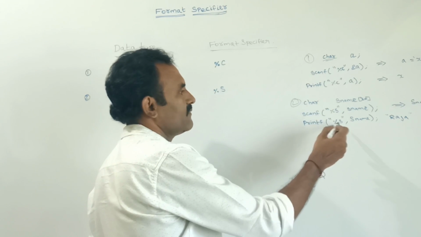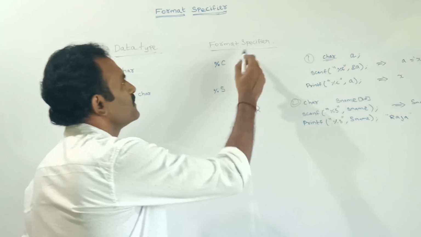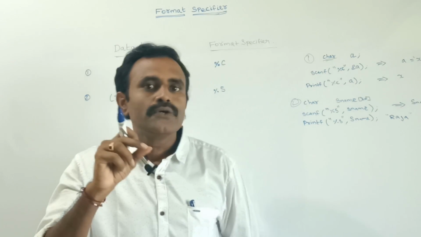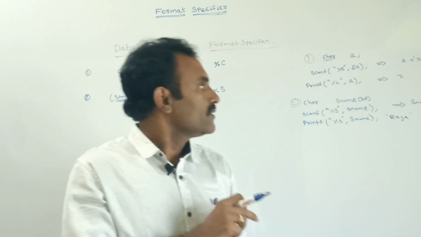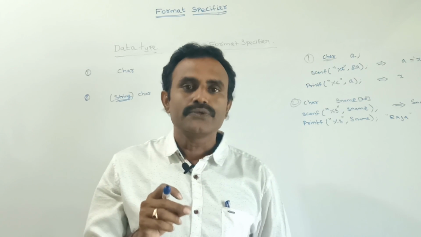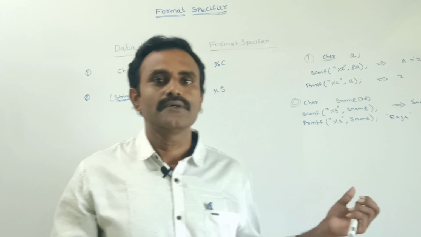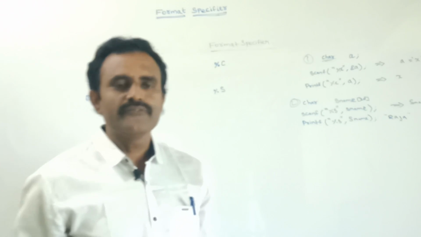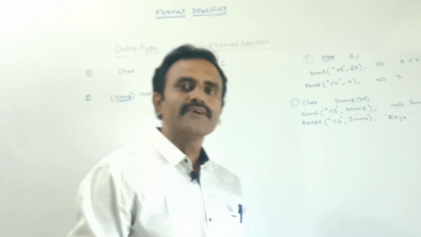The character, or the string. So simply we can say the format specifier is used to mention the types of data to manipulate in I/O processing. In this way we can store values and retrieve values from the variable.